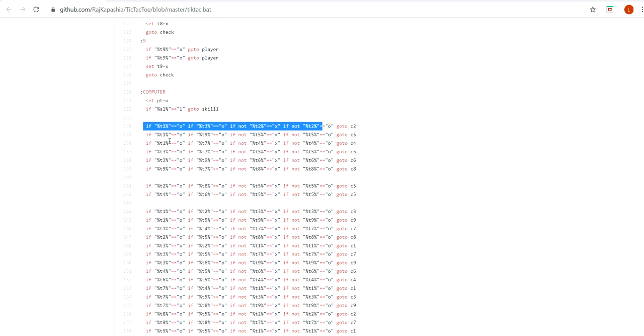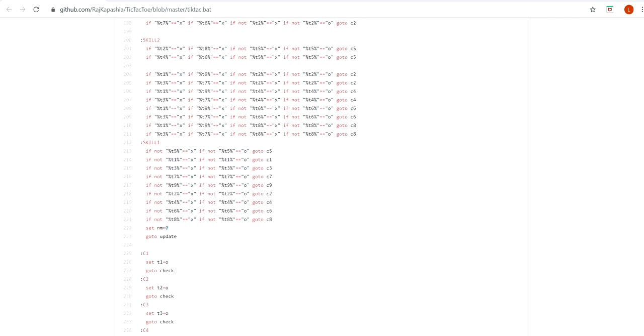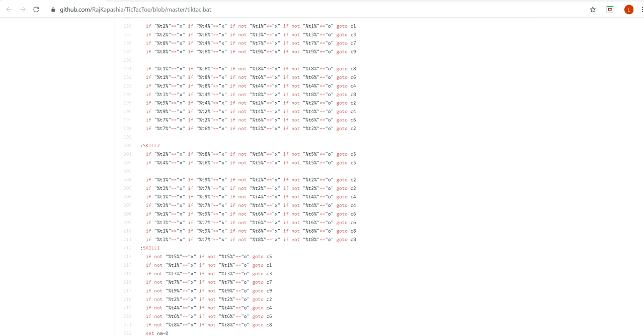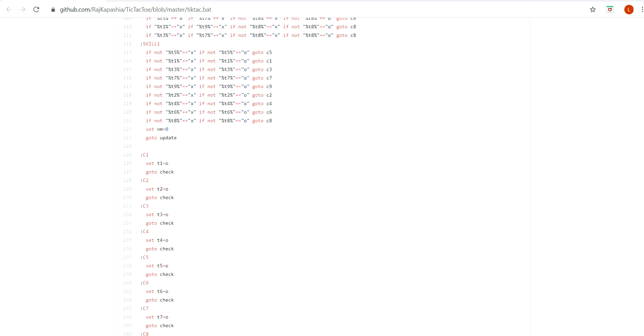If t1, t9 and t5 are O, it is the cross form it is making, so it is again the winner. These are the combinations in which you or the computer playing with you can win. There are many combinations in skill 1, it is a little tough, and skill 2 is tough and skill 1 is easy.